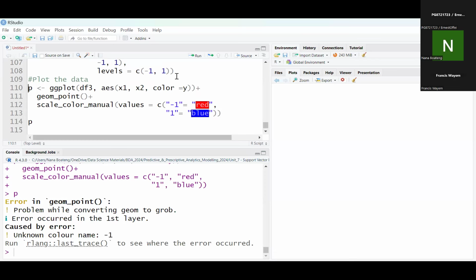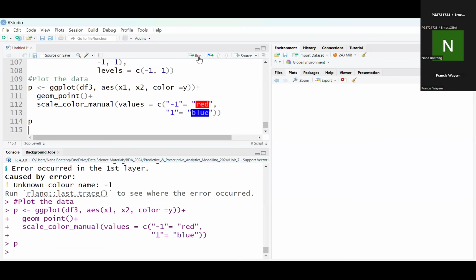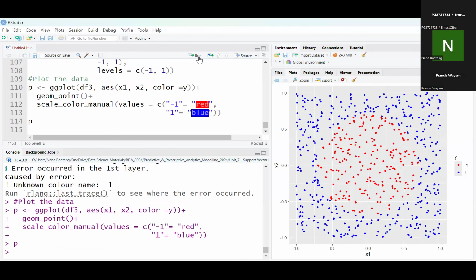Okay, so let's run it. So you can see here that this is a radially separable data set. You have some points that are round outside, and then the black one is an inner circle within.